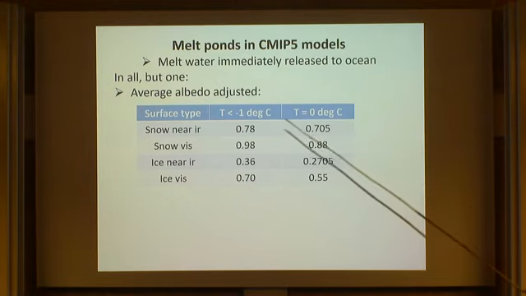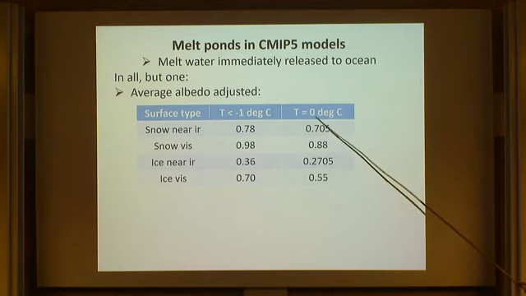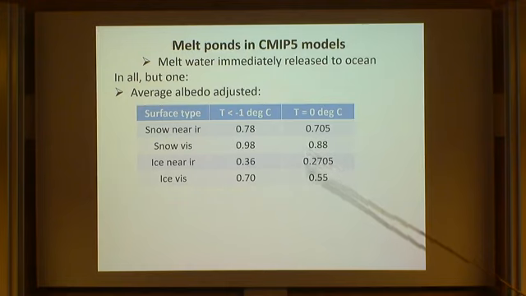For snow, which is weird because the snow changes its behavior, there's a linear assumption where at 0 degrees it is 0.7 and 0.88, and then there's a linear approximation in between. For the ice, this change is not very realistic. This is an indirect accounting for melt ponds. If you have temperatures that become close to 0, we know from observations that the albedo has smaller values to absorb more radiation, which is just based on the temperature, and was done in most of the models within the CMIP model.